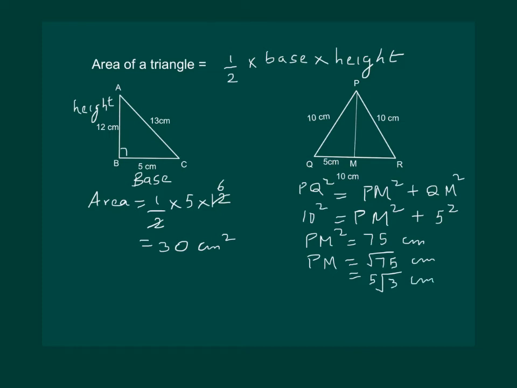So now we have height of our equilateral triangle, and the area can be calculated by substituting the height in half into base into height.